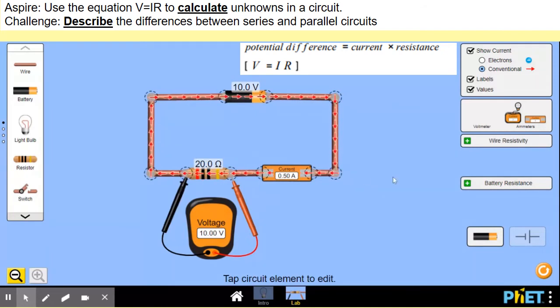What you'll probably get asked to do is a sort of problem solving question. So there'll be missing values on a circuit. It could be a series circuit or it could be a parallel circuit. And with those missing values, we've got to work out what they are. Most of the time, that'll involve using V equals I times R. In fact, students that I teach, I generally ask them to remember the equation a different way around because it's often more useful.